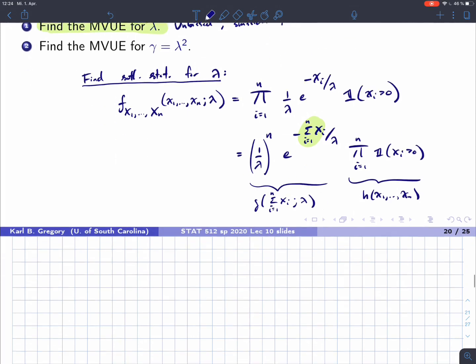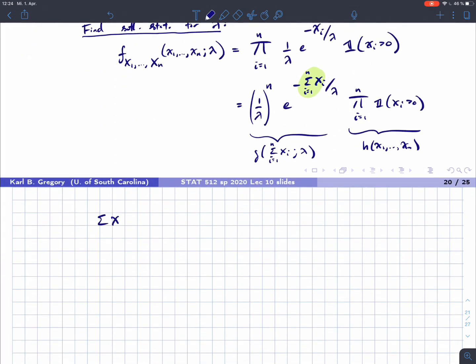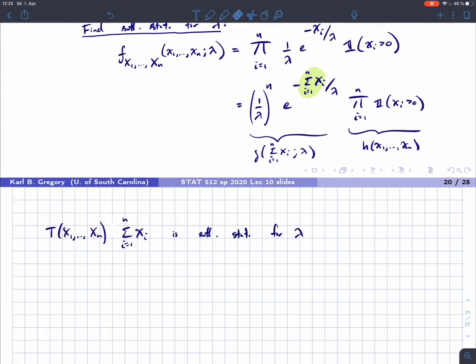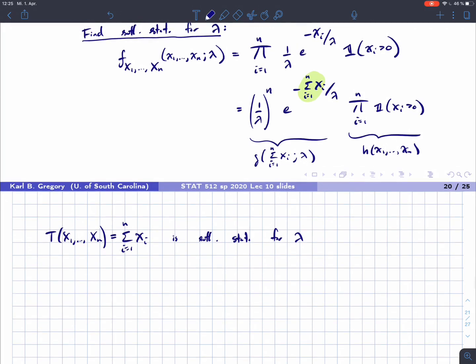All right, so we've got the sum of xi's as a sufficient statistic for lambda. So if I want to estimate lambda with an unbiased estimator which has the smallest possible variance, this is my starting point.